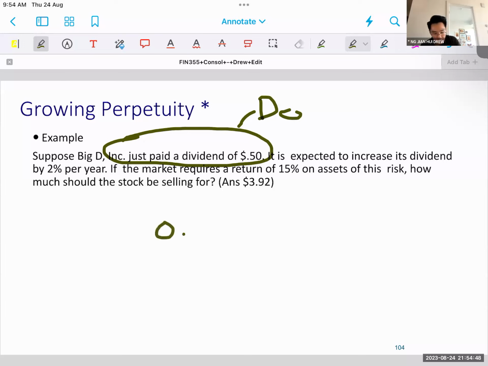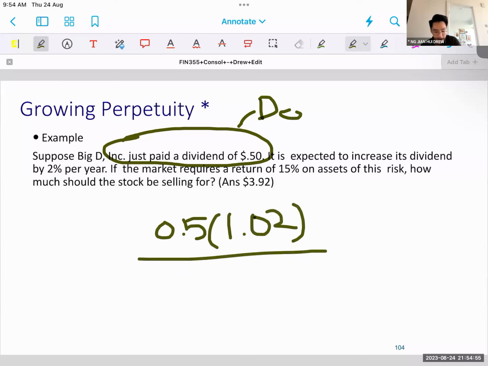So we need to take 0.5 times 1.02, which is the growth rate, divided by 15% minus 2%, right? So this should give you the stock price. Yeah. Good. Good that everyone can see that it's D0. Perfect.